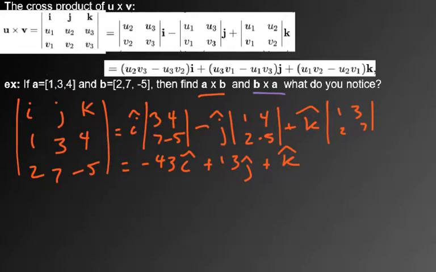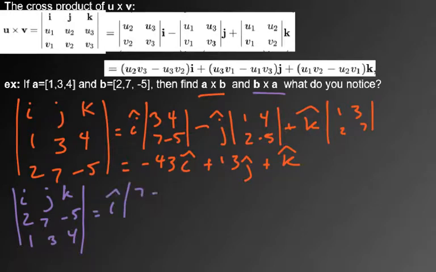And if I do B cross A, I still start with i, j, k, and then B cross A is going to look like 2, 7, negative 5, 1, 3, 4. So I just put B in before A. And you're still going to do all the same plus minus stuff.